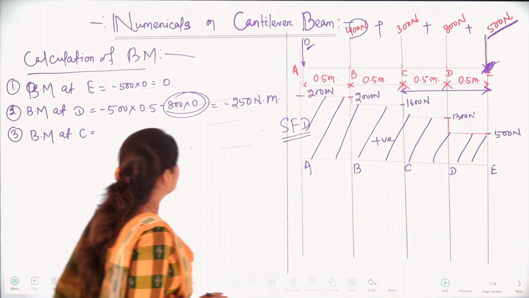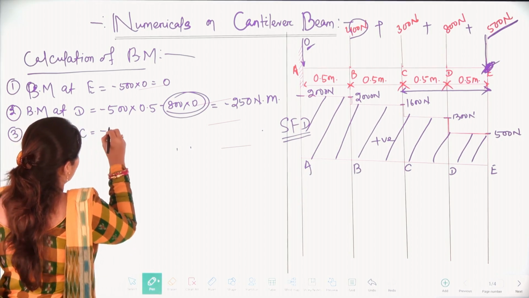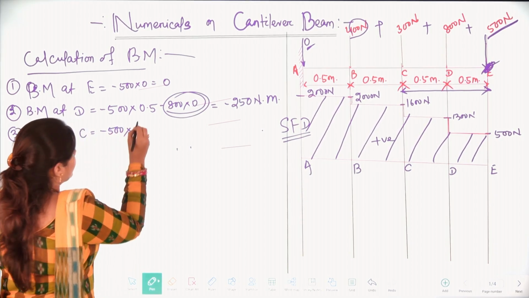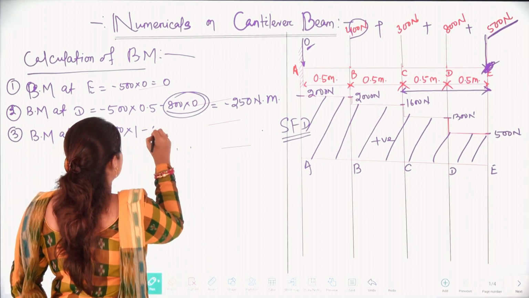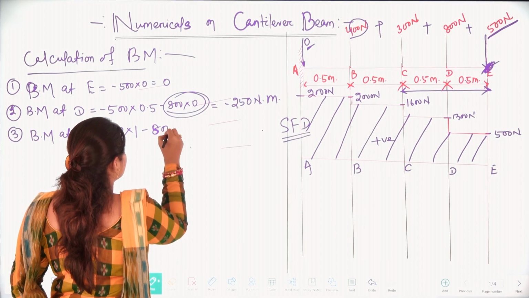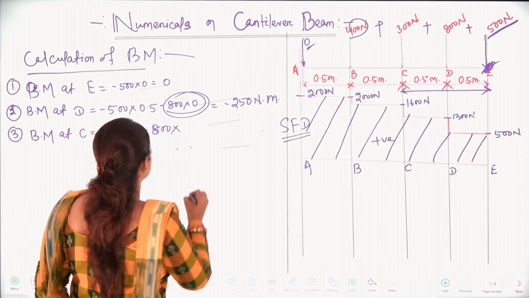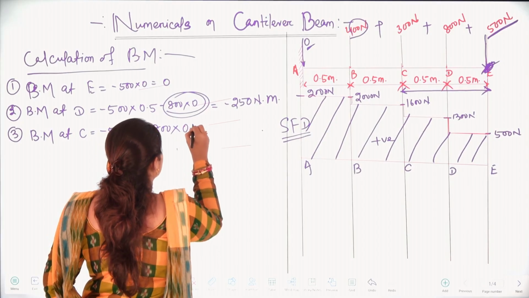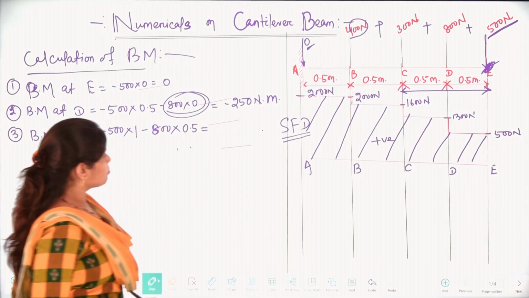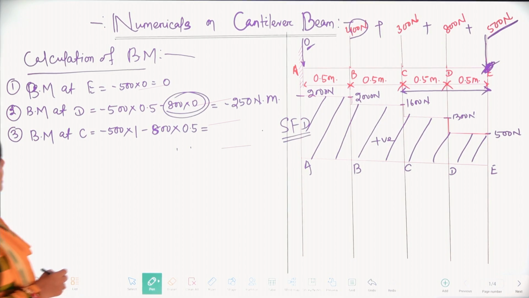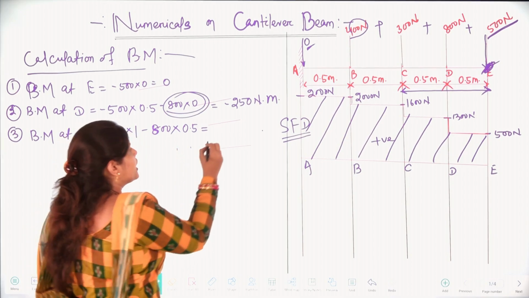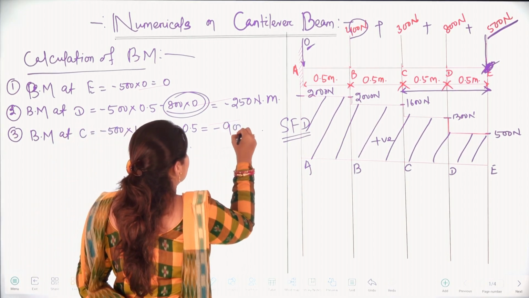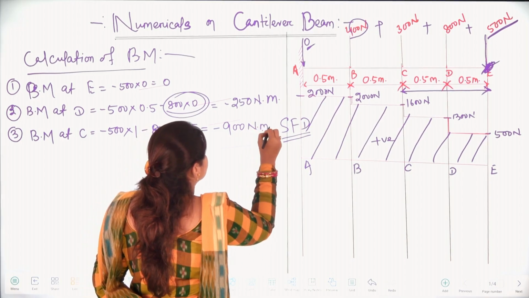So it will be minus 500 multiplied with 1, again minus 800 multiplied with what? 0.5. Now the answer is going to be minus 500 minus 400. It will be minus 900 Newton into meter.